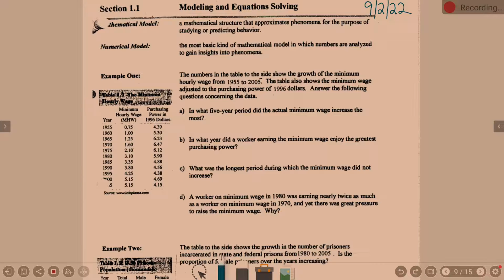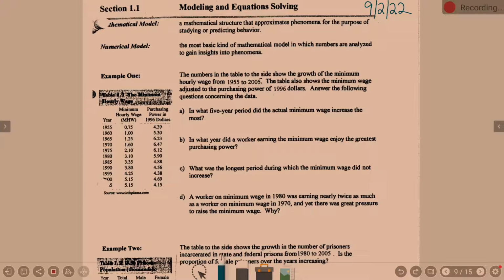65 to 70. No, not 1975 to 1980. 85 to 90. 80 to 85. No, 80 to 85.